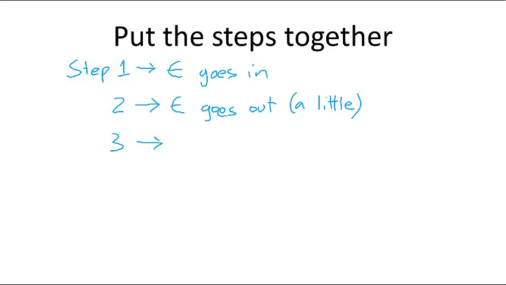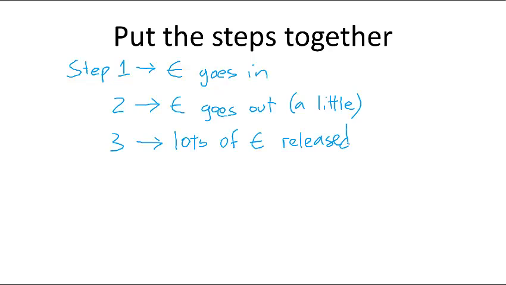That's what makes it favorable. So we have one unfavorable step, 2 favorable steps. And we need the 2 favorable steps to outweigh the unfavorable one.